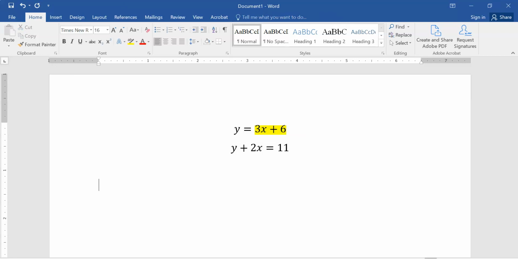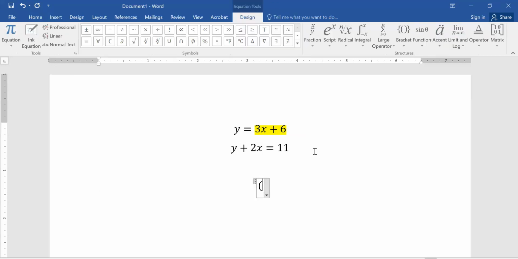So I always put my replacement in parentheses. In this case, it's not so important because we have a coefficient of 1 in that second equation, but we take the y plus 2x equals 11, and we make it 3x plus 6 plus 2x equals 11.